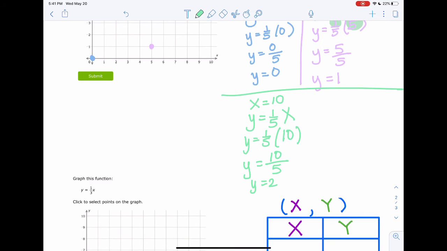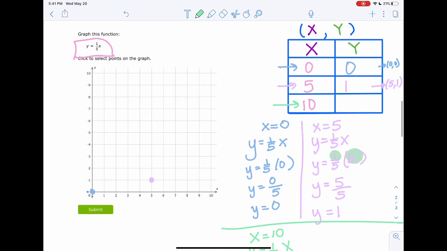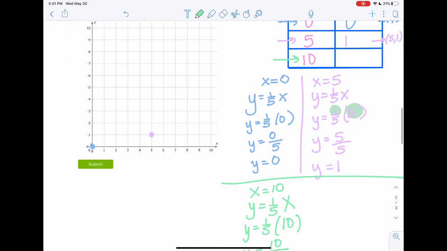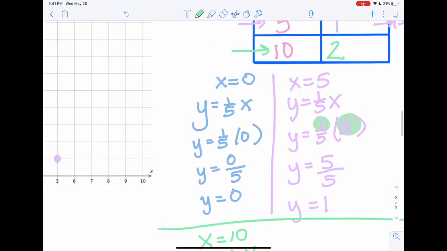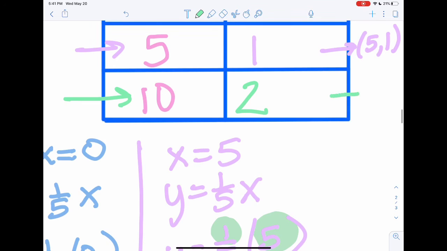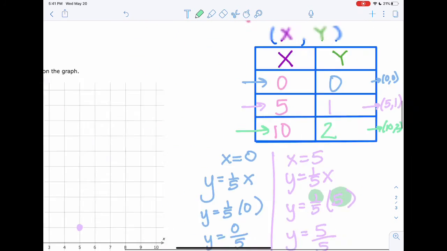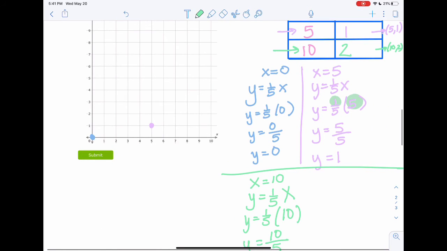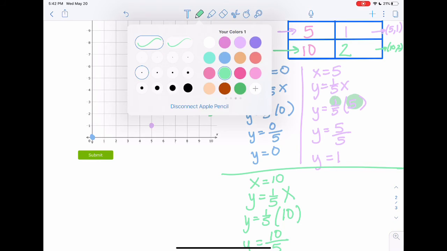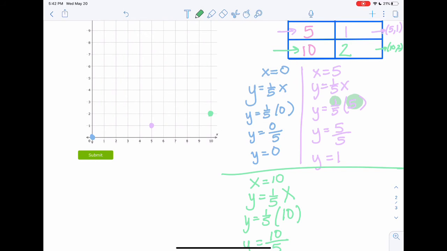So when x equals 10, y equals 2. So that means my new point is 10, 2. Let's go ahead and graph it. I'm going to go to my x-axis at 10 and then go up 2. So my point should be right there. Okay, and then I'm going to use a different color and connect these points. And that's how my line should look.